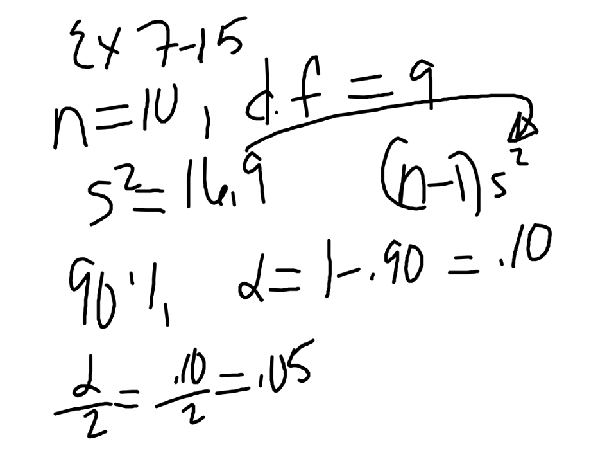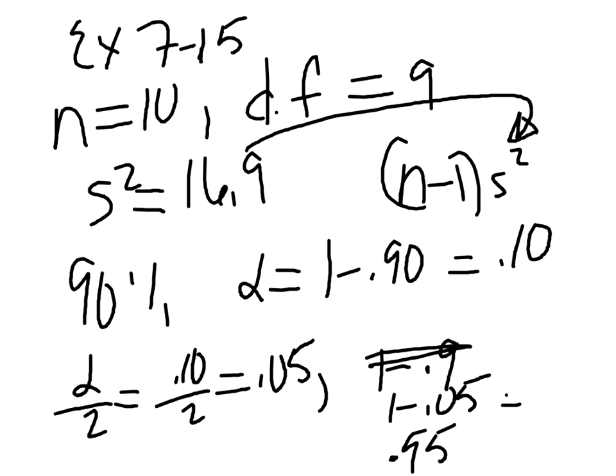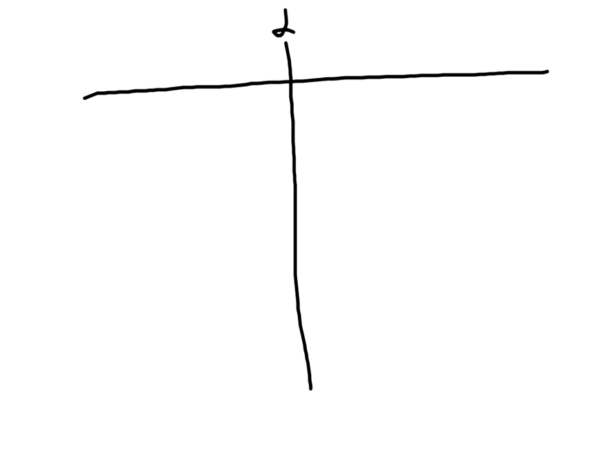Now, we're not done yet. The last thing we need to do is subtract that 0.05 from 1 to get 0.95. So we know that we're going into the tables with 0.05 on the left and 0.95 on the right.